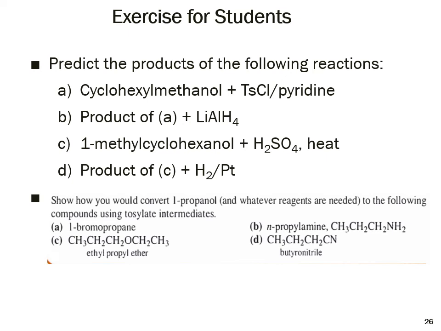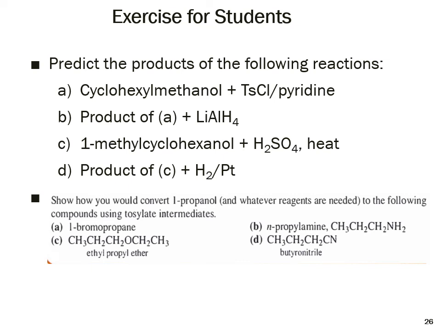There are 2 questions. The first one is, you have to predict the products of these given reactions. Number A is cyclohexyl methanol. When you treat it with tosyl chloride in the presence of pyridine, what will you get? Then you have to take the product of option A and treat it with lithium aluminum hydride, and tell what the product of this reaction is.